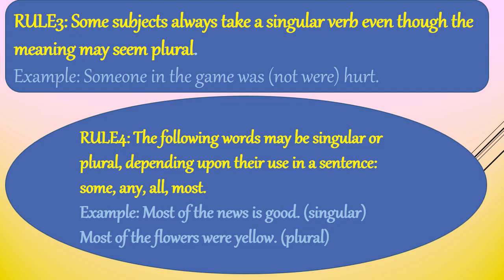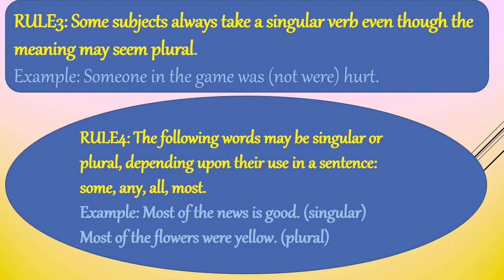Rule 4: The following words may be singular or plural depending upon their use in a sentence, like some, any, all, most. For example, most of the news is good. Here news is uncountable.